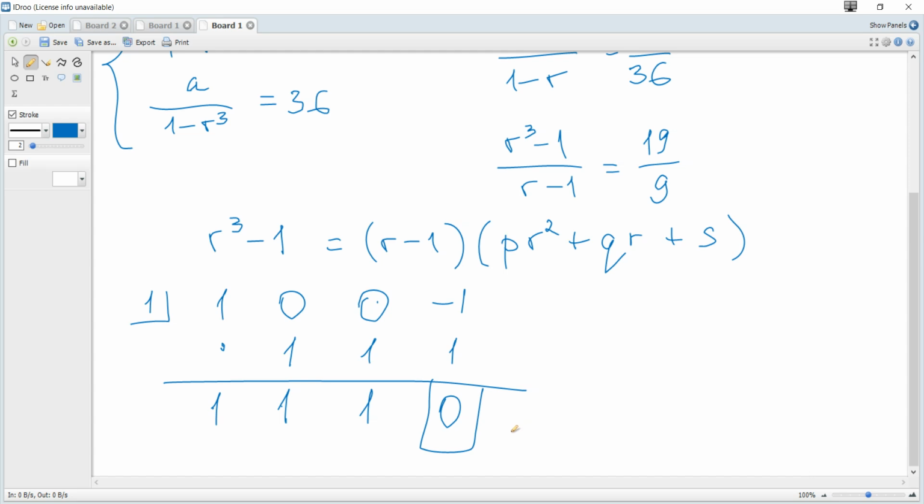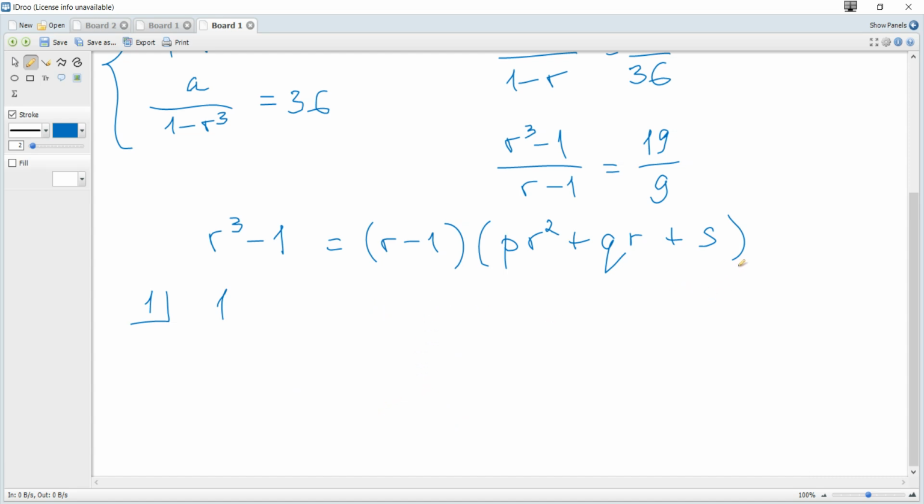Because it's a remainder, and if 1 is a root, or r minus 1 is a factor, remainder must be 0. And it's P, it's Q, and it's S. So it becomes r minus 1, r squared plus r plus 1.